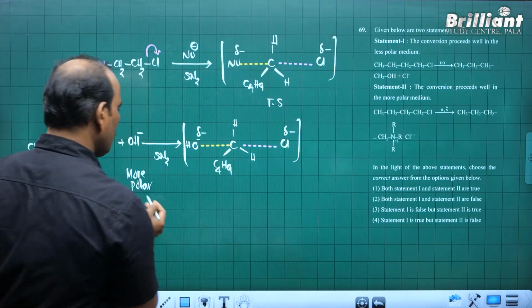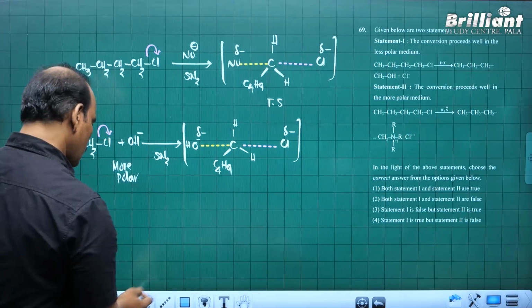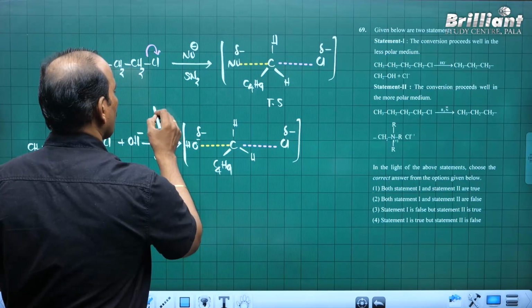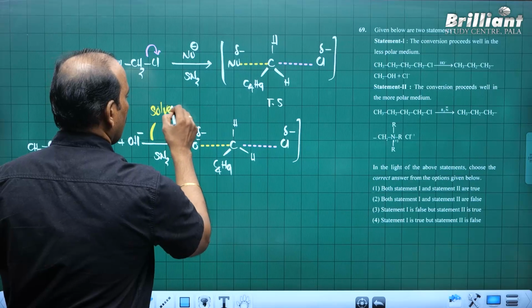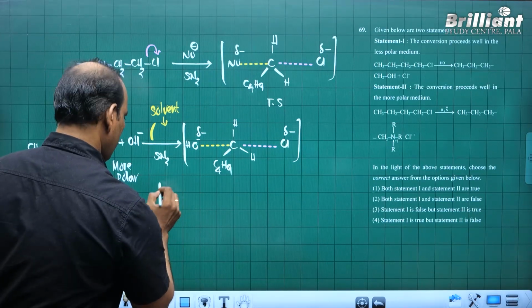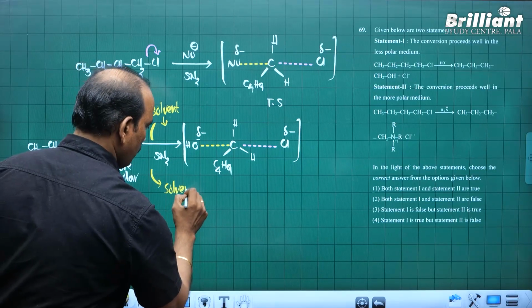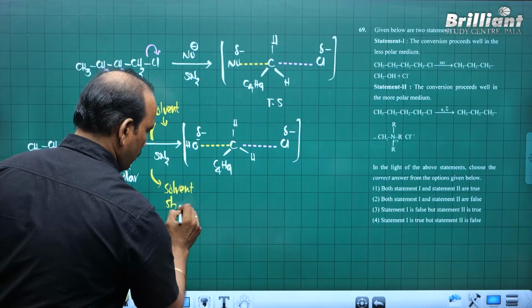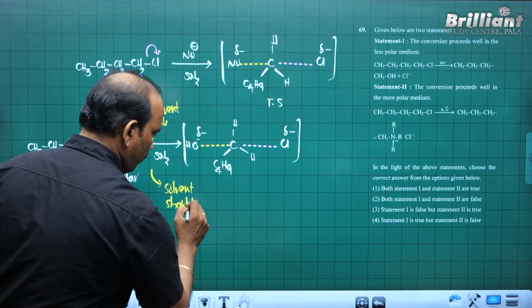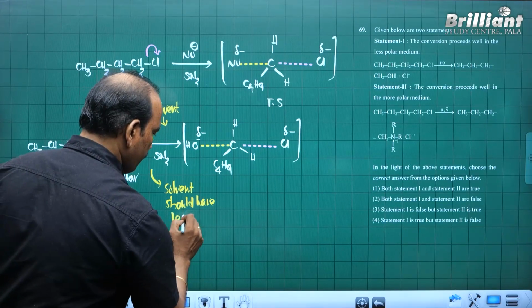So it is already more polar there. That's why here the solvent is compulsory. The solvent should have, in this case, less polarity.